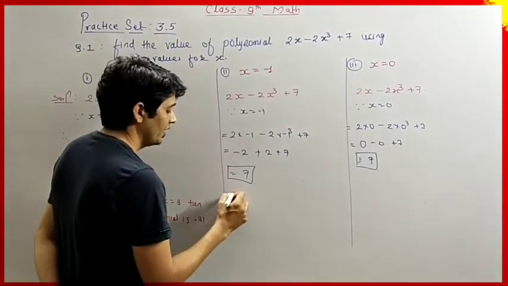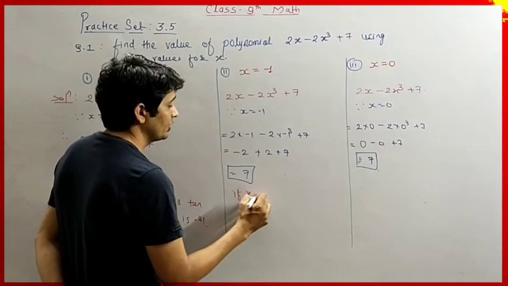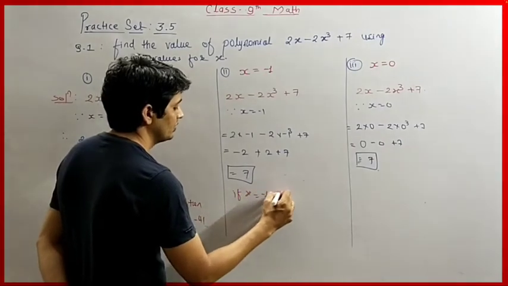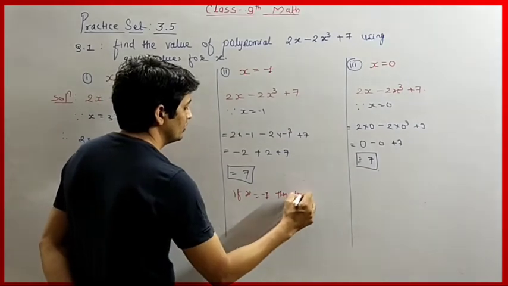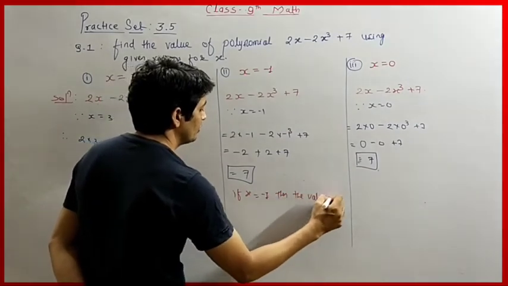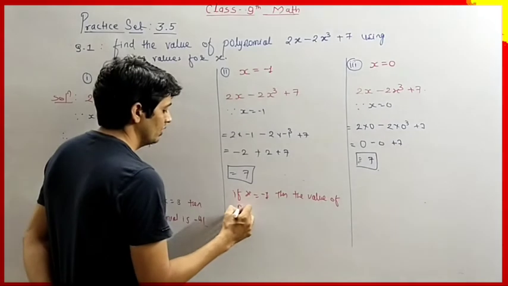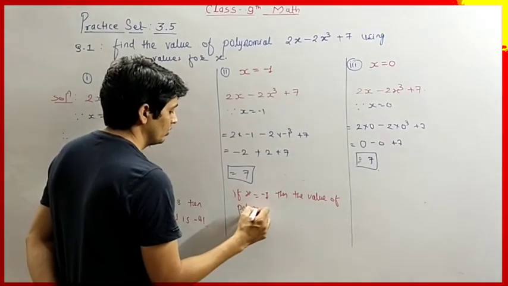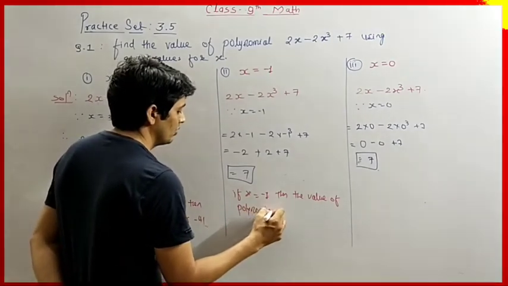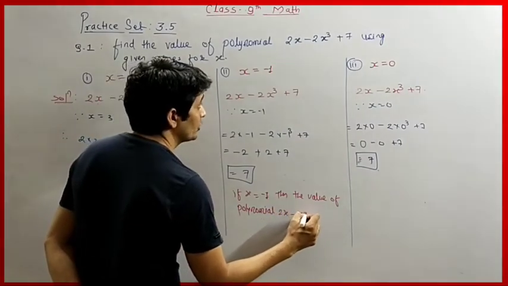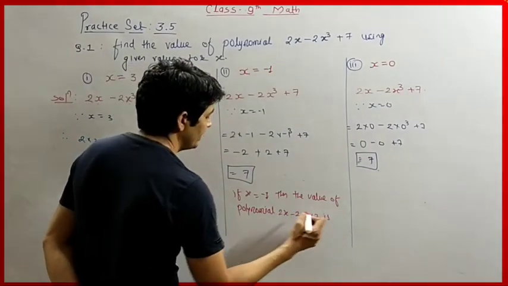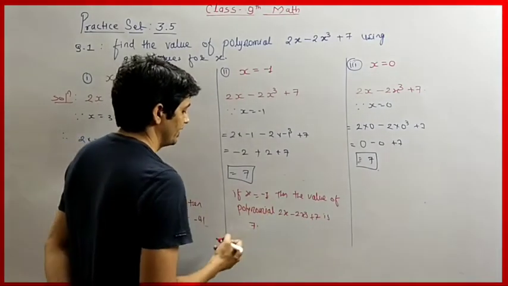If x equals minus 1, then the value of the polynomial 2x minus 2x cube plus 7 is 7.